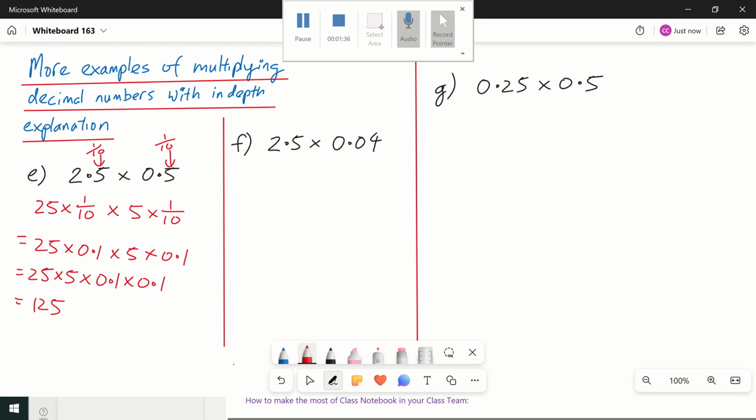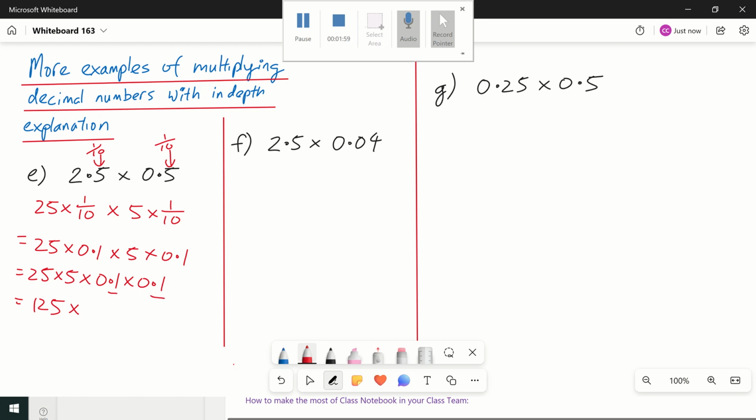Now, as we discussed earlier, we can just simply multiply 25 with 5, and that gives us 125. That is what you get when you multiply 25 as a whole number and 5 as a whole number. Now, multiplying 0.1 by 0.1 simply gives us a number with a digit 1 in 2 decimal places.